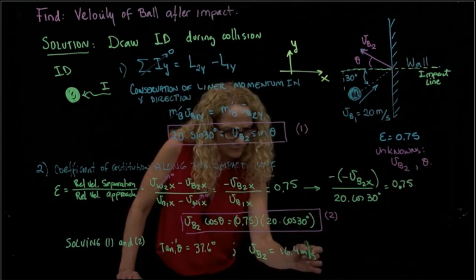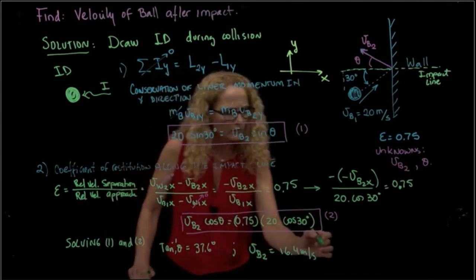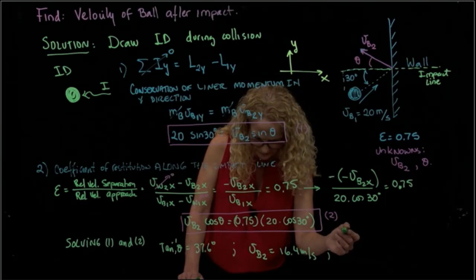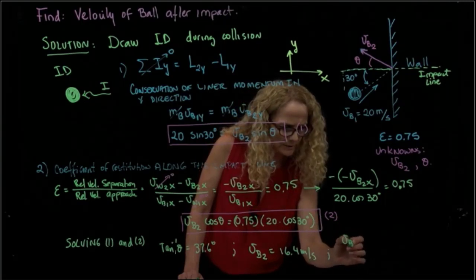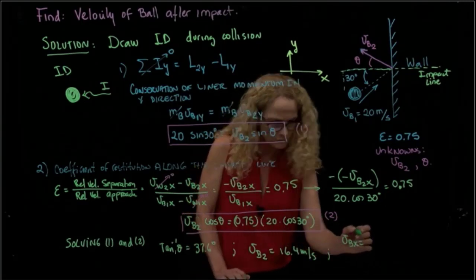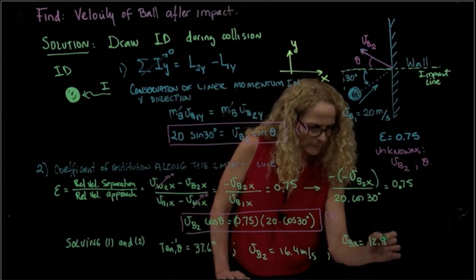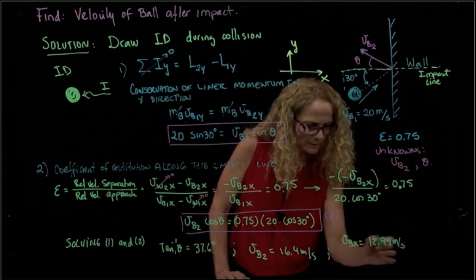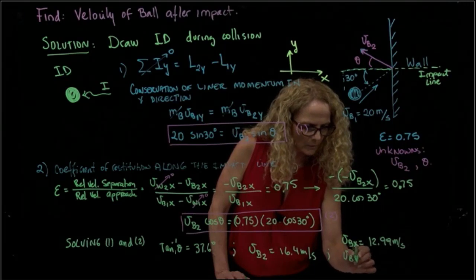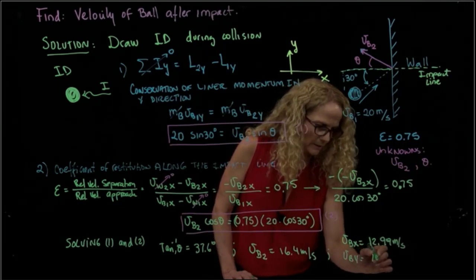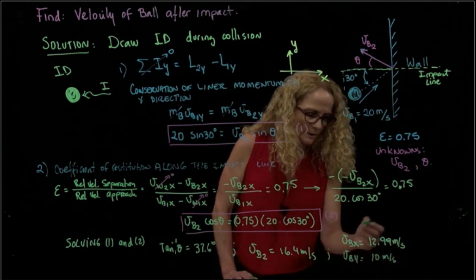Let me write the partial results for you to solve: the velocity v in x is equal to 12.99 meters per second. Velocity v in y is equal to 10 meters per second.